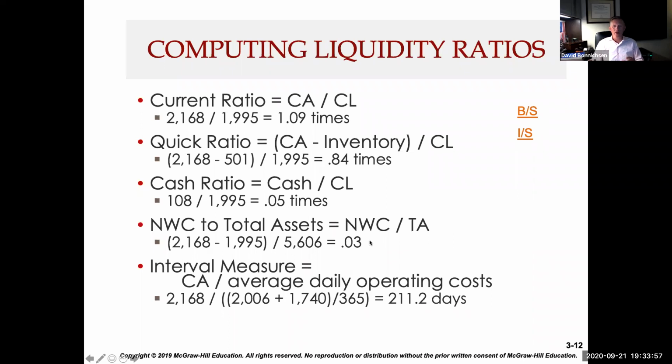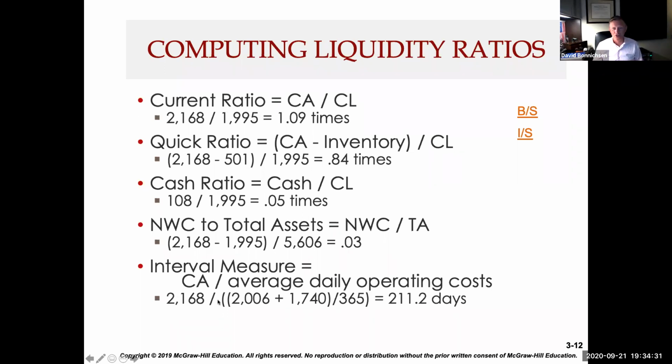However, even though that's relatively small, it's consistent with the current ratio, right? We're generating 1.09 times current assets over current liabilities. So we're 9% higher on our current assets versus liabilities, and we're getting net working capital. So 3% of the assets that we've got that are required to run our day-to-day basis are tied up in producing the cash that's needed to run the operations, okay?